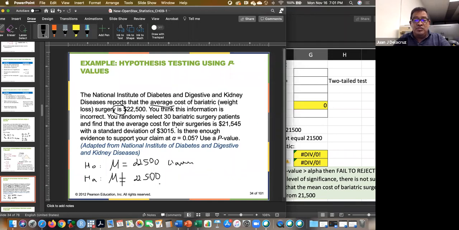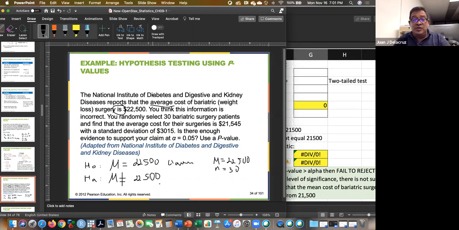So we have the values. Once again, mu is equal to 22,500. N, the sample size, is equal to 30. So find the average cost of this.